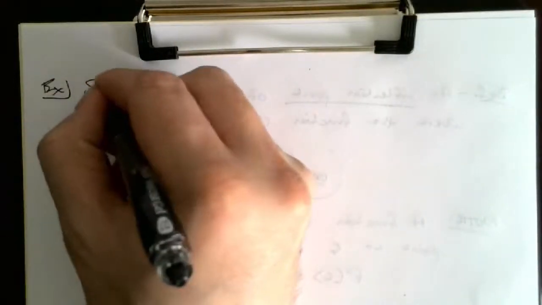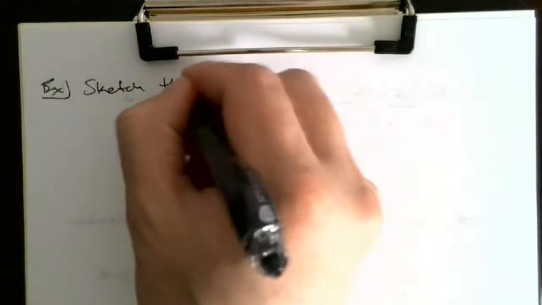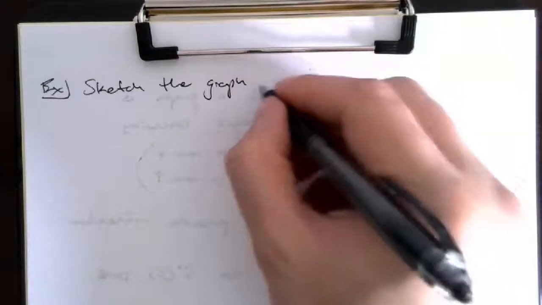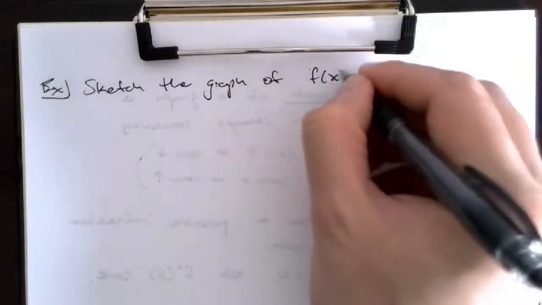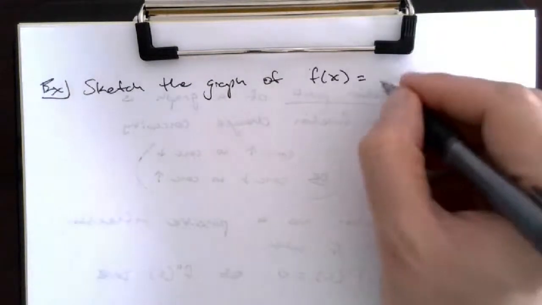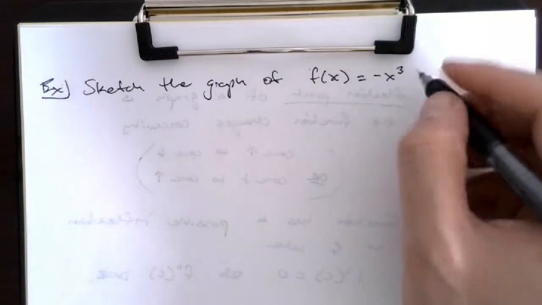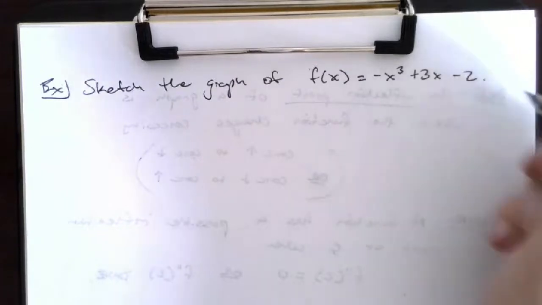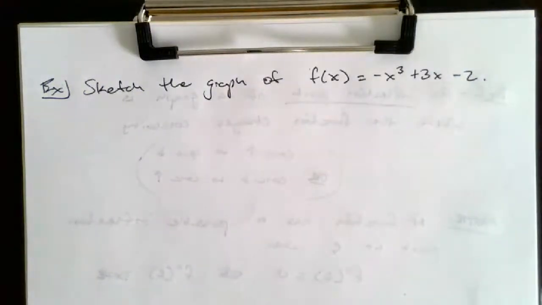If I said to sketch the graph of f of x equals negative x cubed plus 3x minus 2, I'm going to look for relative extrema, and I'm going to look for concavity and where it changes.